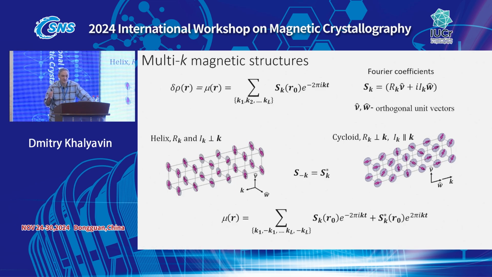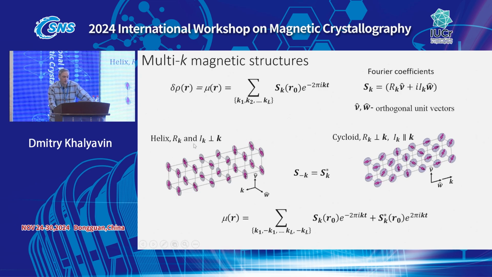This complex vector simply defines our plane of spin rotation, because when the Fourier coefficient is real, it's a spin density wave, so the spin doesn't rotate when we propagate through the crystal. But when it's complex, we have real and imaginary components which define the plane of spin rotation. So the spin starts rotating in this plane. This is a very easy concept, and we can distinguish two cases, helical and cycloidal structures.